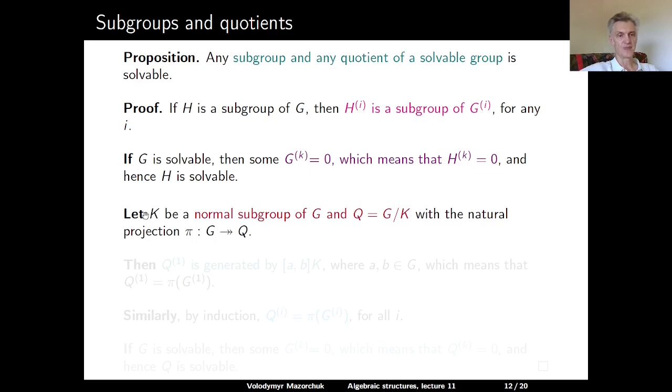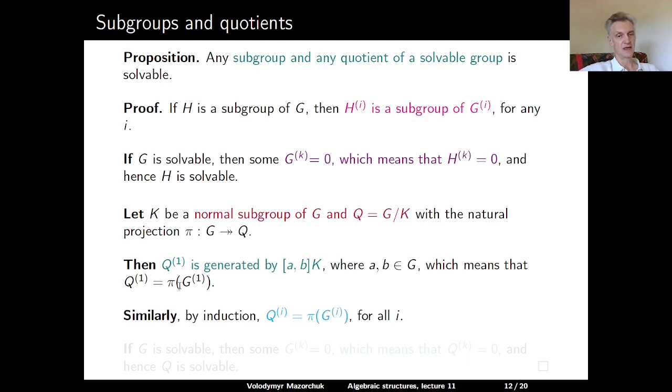For the quotients, let K be a normal subgroup of G, and consider the quotient Q of G modulo K with a natural projection pi from G onto Q. Then, the first derived subgroup of Q is generated by the classes of the form the commutator of a, b times K, where a and b are elements in G. And this means exactly that the first derived subgroup of Q is the image of the first derived subgroup of G under the map pi.